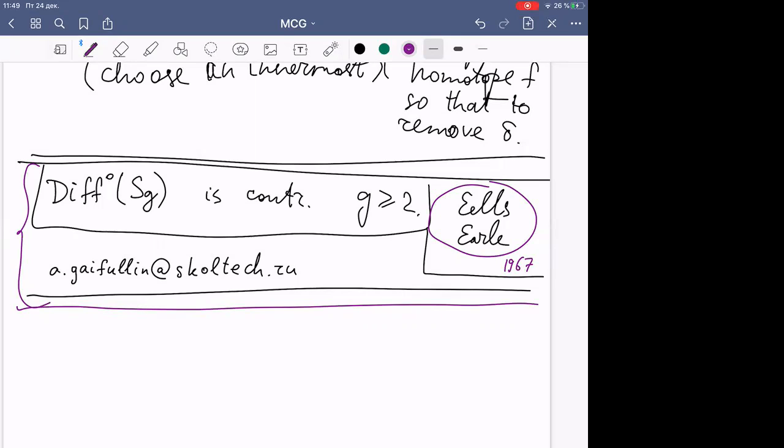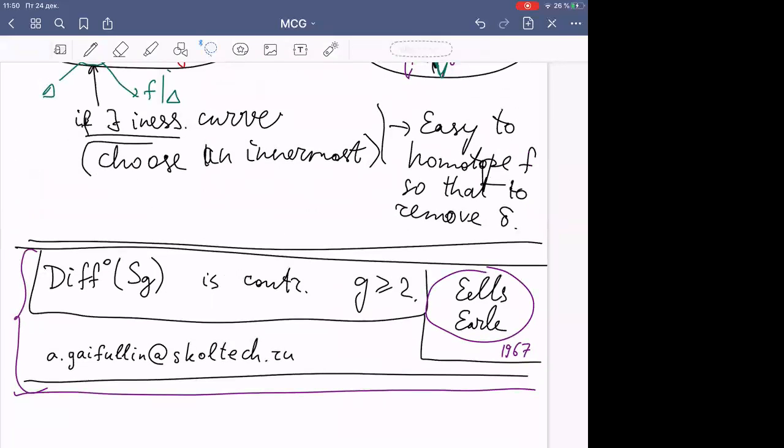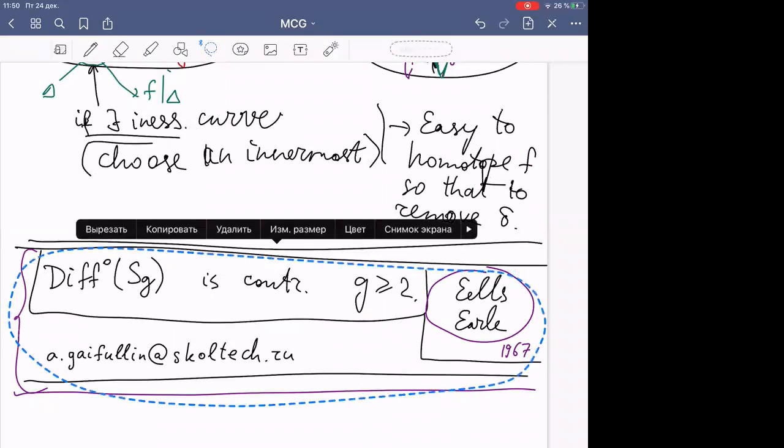I will describe some ideas behind this, and this result sits on the theory of Teichmüller spaces from the viewpoint of complex structures on surfaces, and also we will discuss some ideas and problems which arise on this way. Okay, so this is the plan.